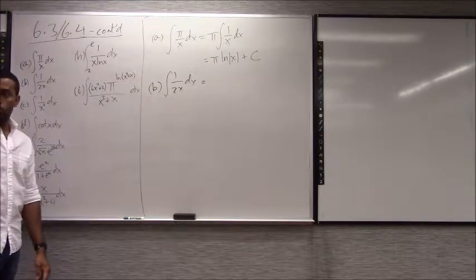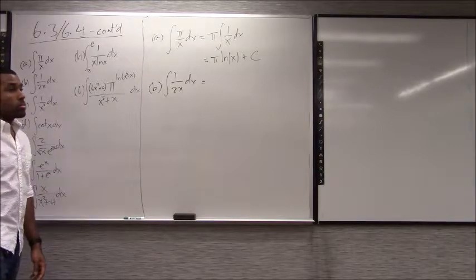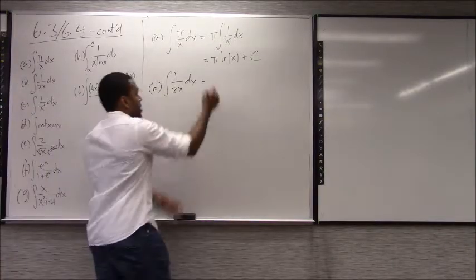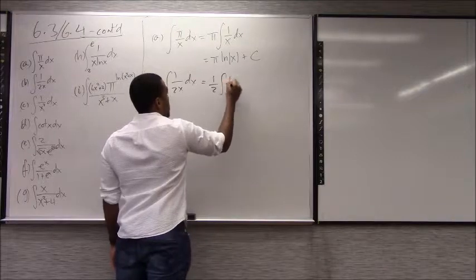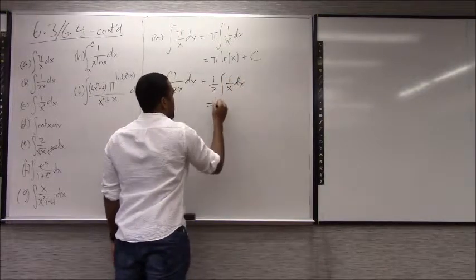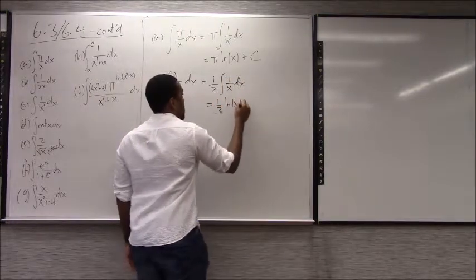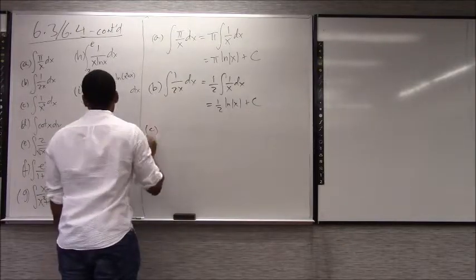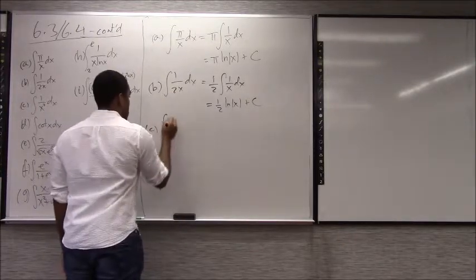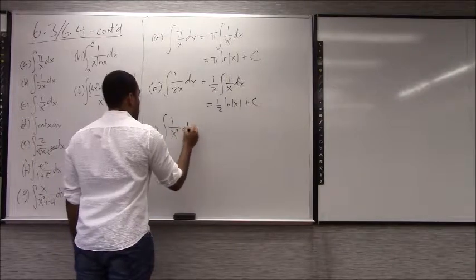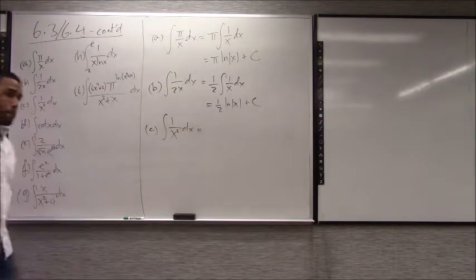What happens with the second one? You can do the same thing. So 1/2 you can pull out, and it's exactly the same thing. What's that?